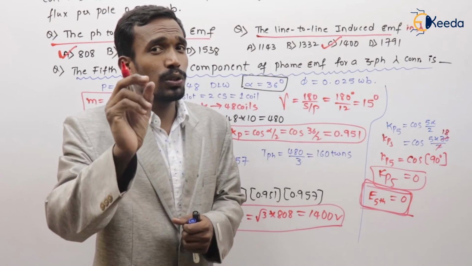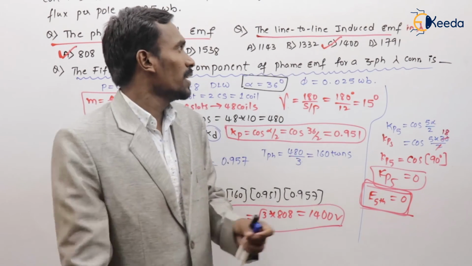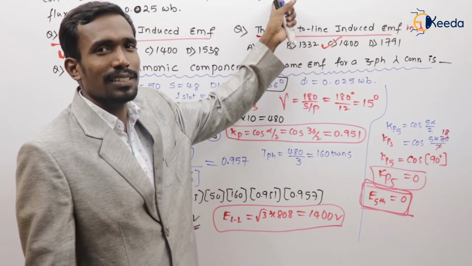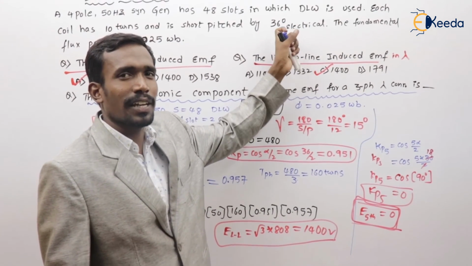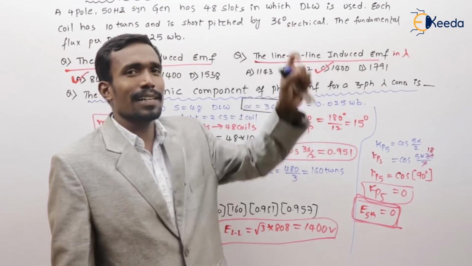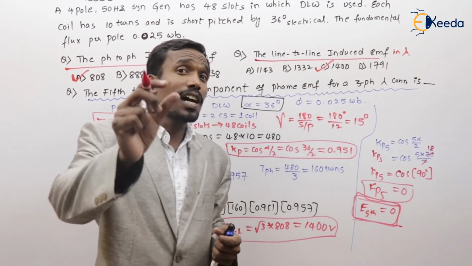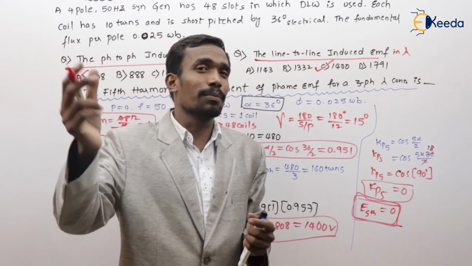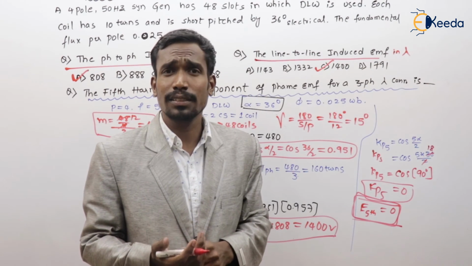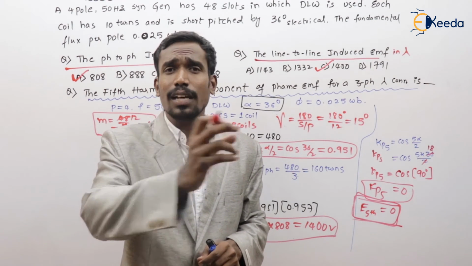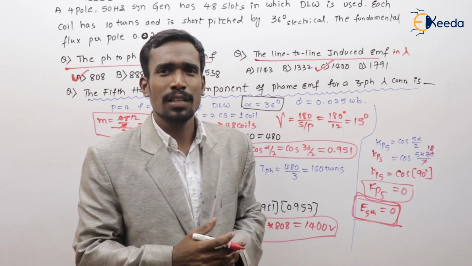You have to think once. If the short pitch angle is 36 degrees, which harmonic is completely eliminated? 180 by 5 is 36, so the fifth harmonic is completely eliminated.